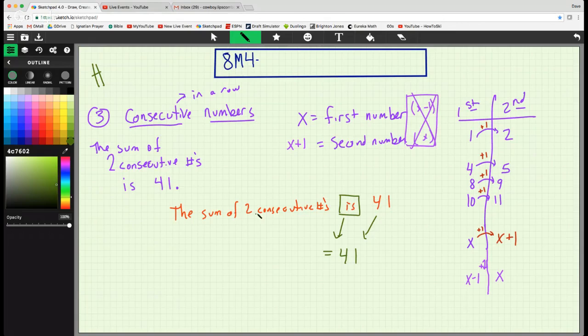The sum of two consecutive numbers: well, we've labeled our two consecutive numbers x and x plus 1. So the sum of x and x plus 1 is x plus x plus 1, or x plus x plus 1 equals 41. And if we remember back, we combine like terms.